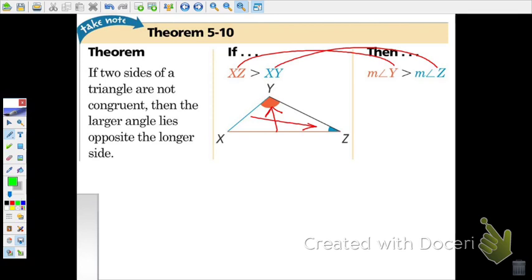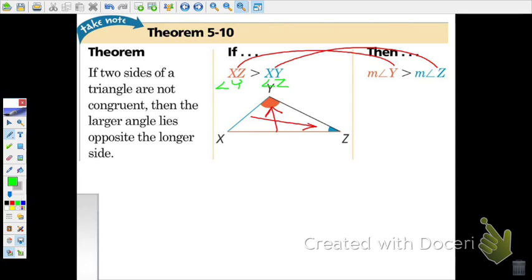So if I look at X and Z for my side XZ, the missing letter is Y. So it's the opposite, so it's angle Y. If it's side XY, we're missing the letter Z. Okay?